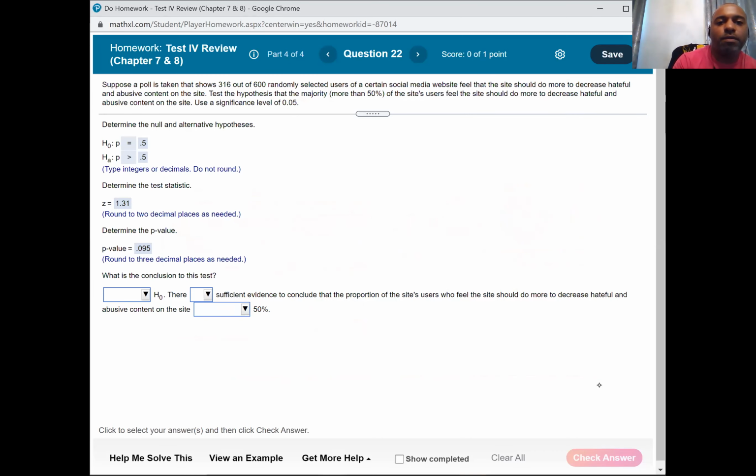All right, and so alpha is our significance level. We see right here it is 0.05.